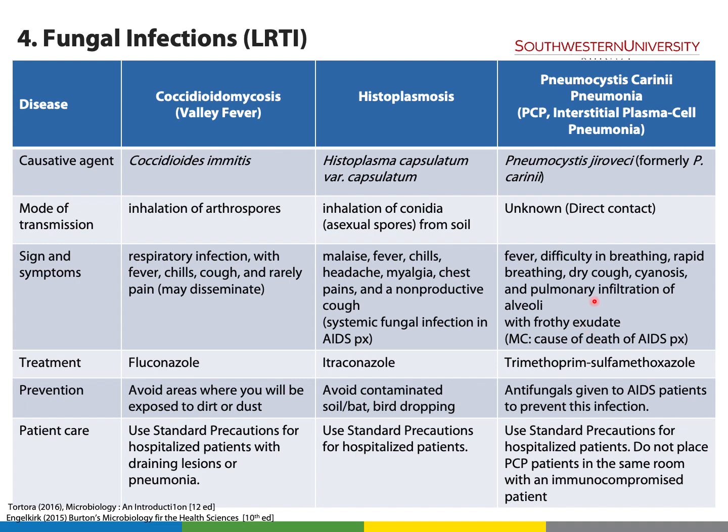Patients may suffer fever, difficulty in breathing, rapid breathing, dry cough, cyanosis, and pulmonary infiltration of the alveoli with frothy exudates. PCP is usually fatal if left untreated among immunosuppressed patients. That is why it is the most common contributory cause of death in AIDS patients, because these patients are immunocompromised.